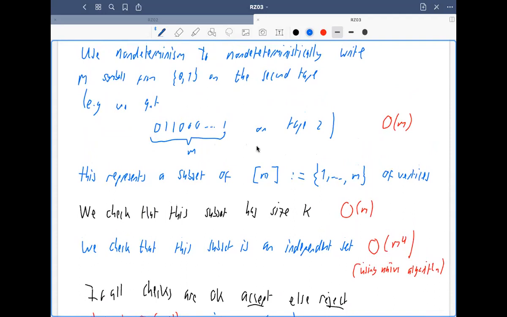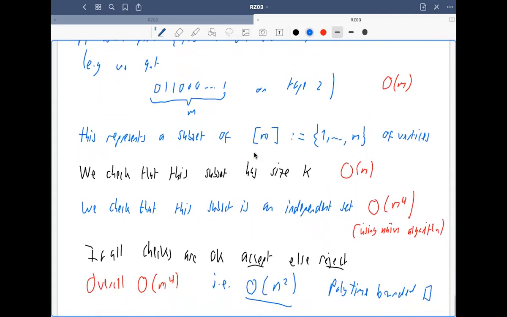And for that set of non-deterministic choices, when we come to the deterministic part, so I should have said this part is deterministic, then the subset will indeed have the right size, and it will indeed be an independent set.